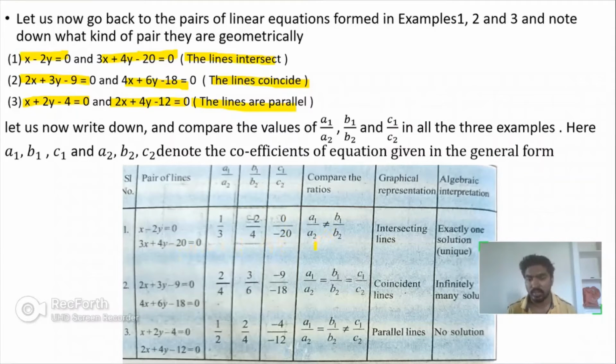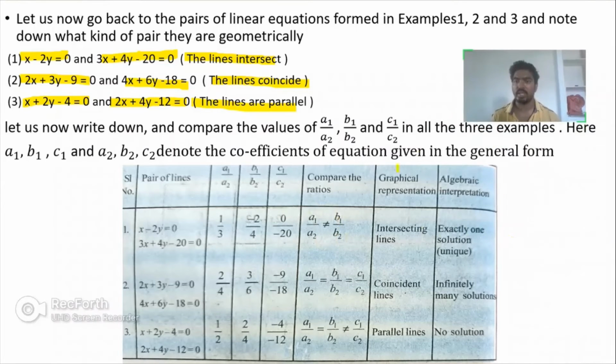So we can clearly see that a1 by a2 is not equal to b1 by b2. So we can clearly say if a1 by a2 is not equal to b1 by b2, then the graphical representation of those equations is always intersecting lines. Okay, so exactly one solution, that is a unique solution, will appear for this type of linear equations.